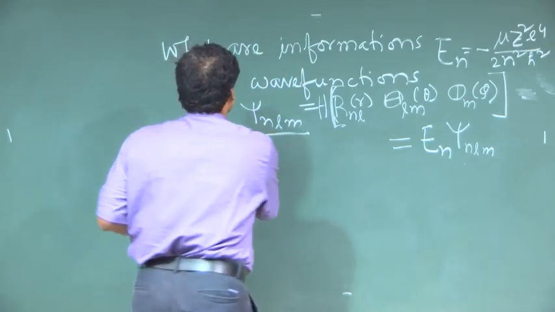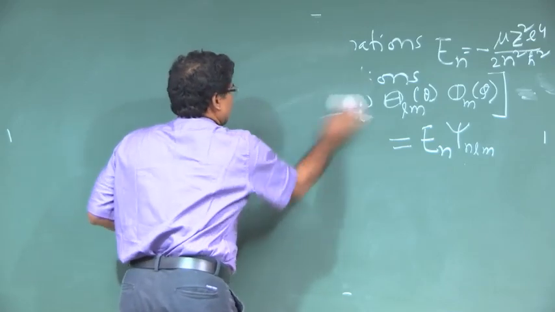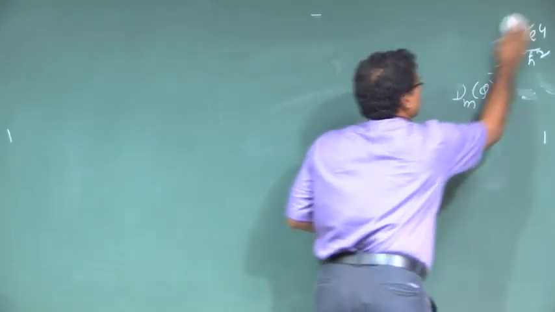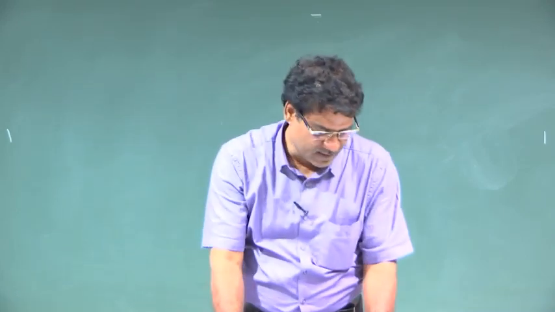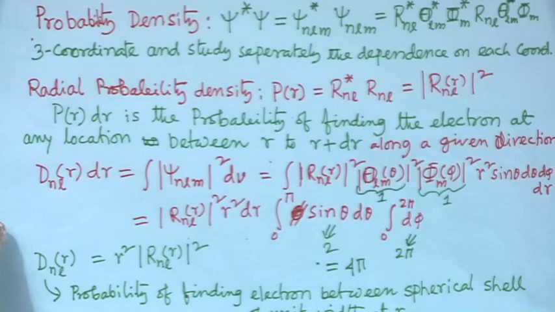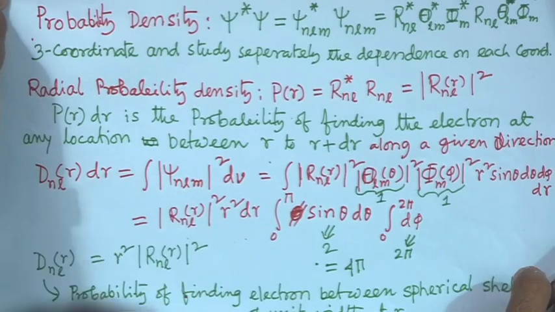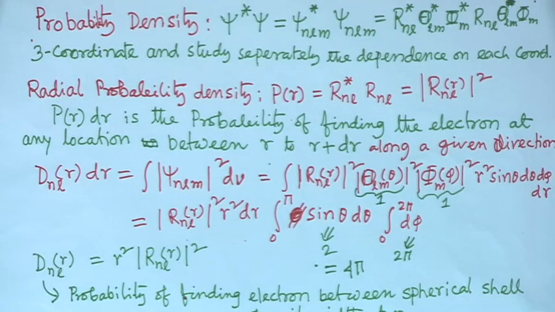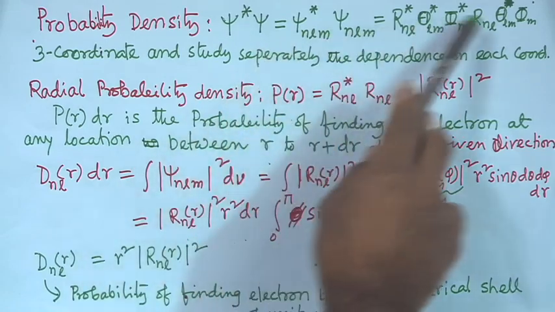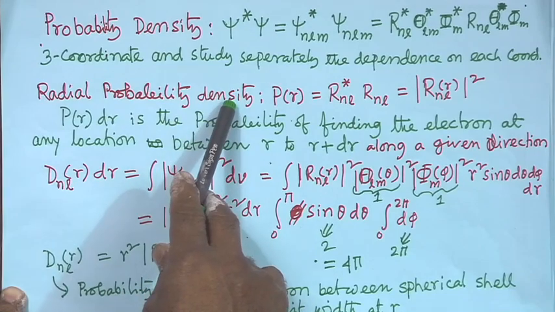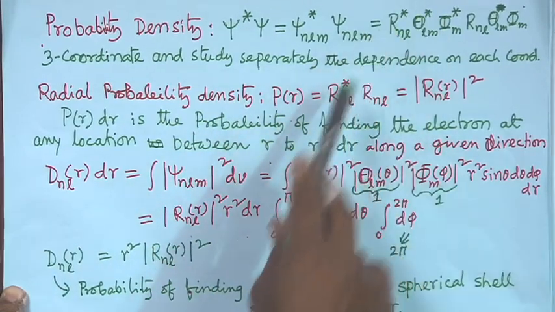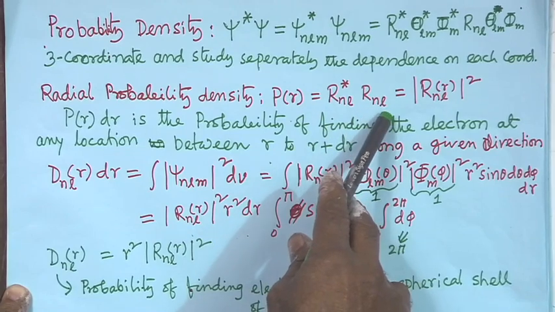I have already shown you that this is basically the wave function. To extract information, we take the probability, so its probability density. So, that is psi star psi, and here we are getting this radial probability density, that is basically R dependent, R n l star, R n l, right.